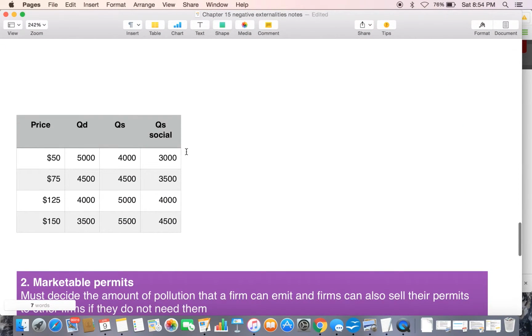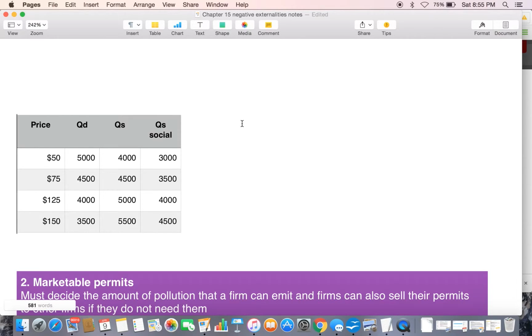Let's take a look at some hypothetical production levels. Initially we were producing at a price of 75 and an equilibrium quantity supplied and quantity demanded. Now let's say that the cost to remove the pollution from the tanning process would impose a $1,000 cost. This would reduce the social supply by $1,000.